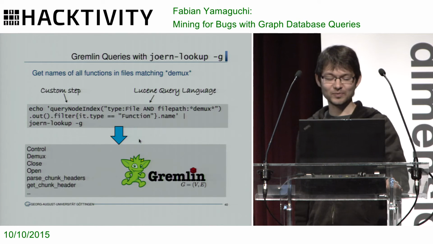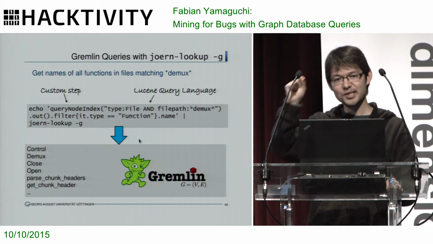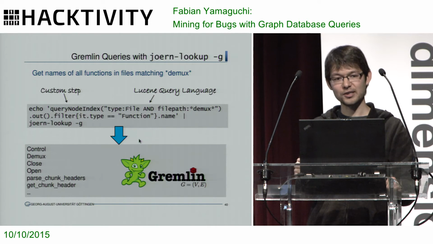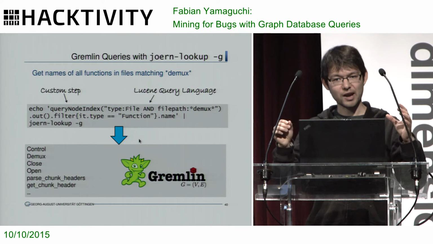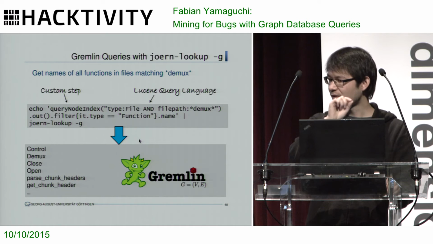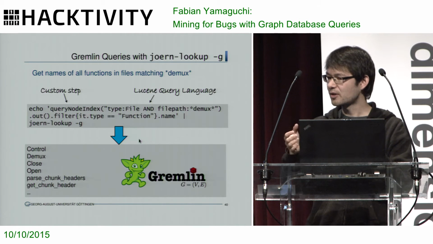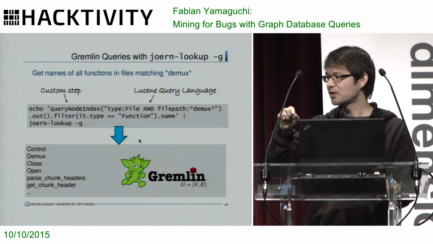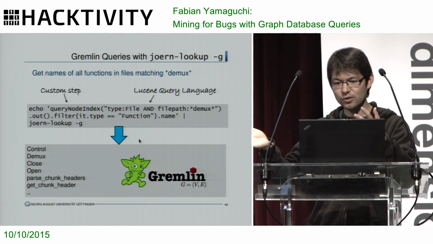The magic is that once you are at these file nodes, you can actually descend into the contents of these files, right? So the entire code base is just one huge graph, and you can transition between the different representations. You can transition from files to their content, you can transition from syntax trees to their control flow graphs, and so on. You can also transition from functions to the functions that they call. You have a call graph.